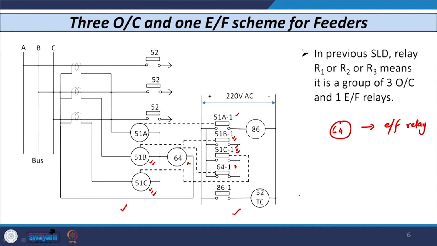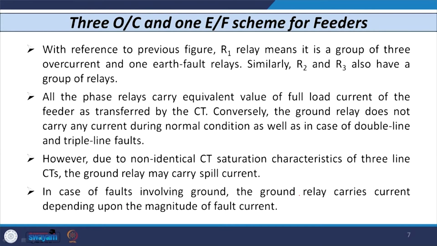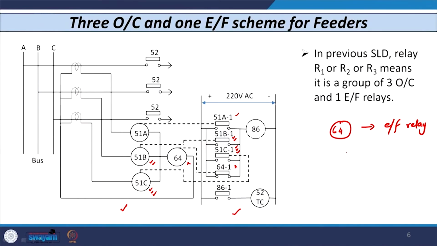Now let us see how the 3 overcurrent 1 earth fault scheme works. Let us say a normal condition, or when there is a double line fault or triple line fault, then how and which relay works. When we consider such a phase fault, let us say in this circuit an RY fault occurs. An RY fault is a line to line fault. So, obviously the phase relay has to operate, it has to detect it, the ground relay should not operate.